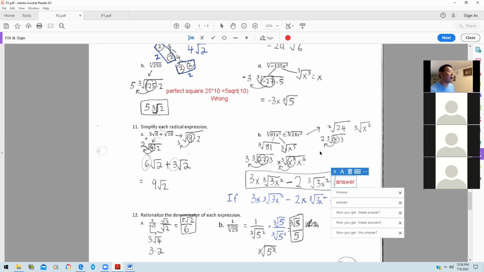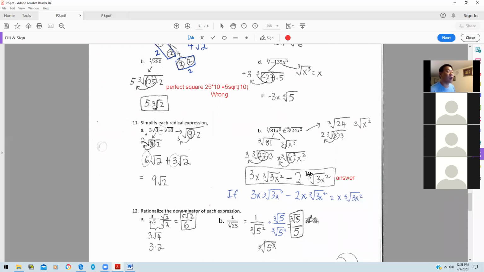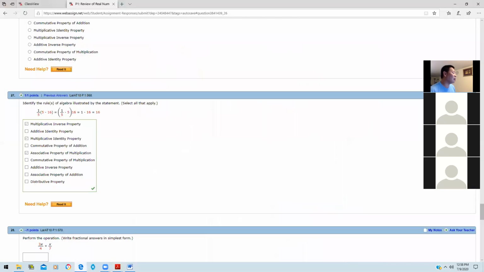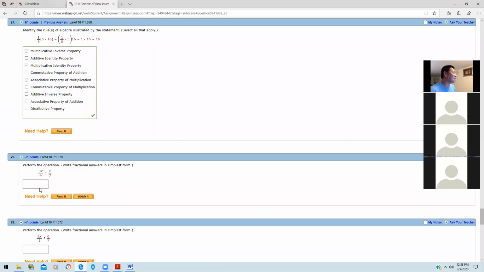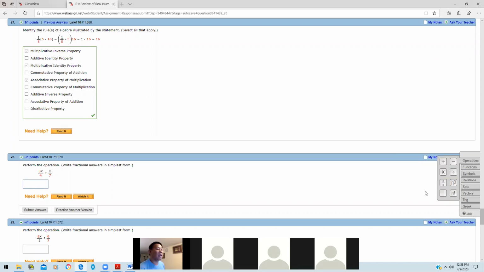Okay, when you type this in your online homework, I just want to point out that it has a thing that pops up on the side here. This is where you find your cube root and square root. If you see me clicking on the side here, those are the ones you will have.